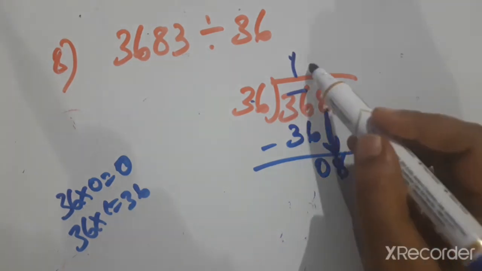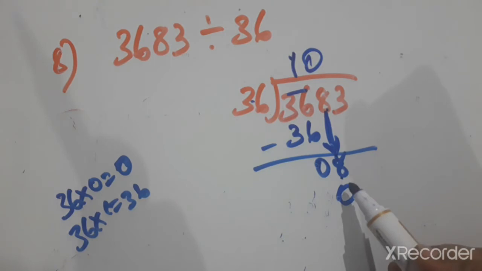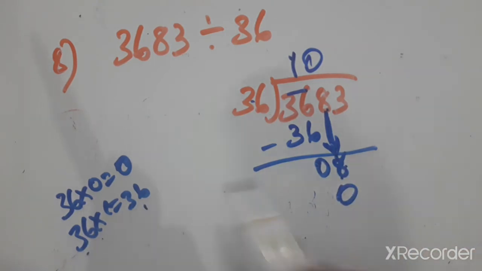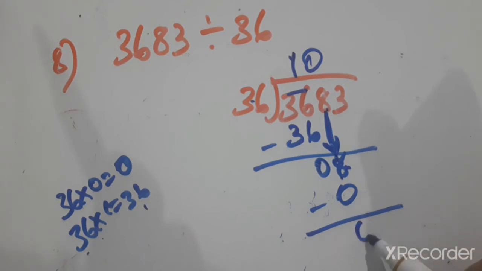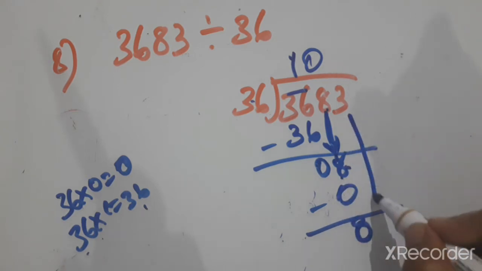Now for 8, 36 zeros are 0, that is nearer, because 36 ones are 36, which is greater than 8. 8 minus 0 is 8. Now bring this 3 down.